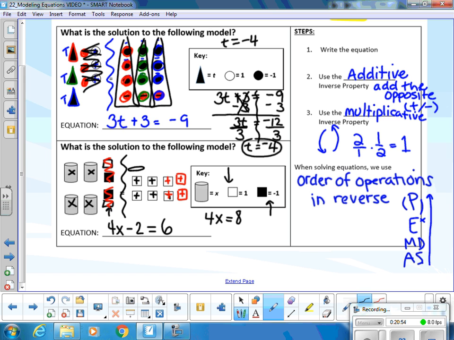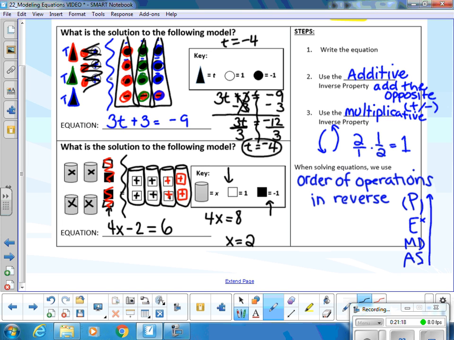Here's a canister. How many are in that canister? Here's canister number 2, canister number 3, and canister number 4. Each one has how many in its canister? According to our picture, we have 2 positives in every canister.